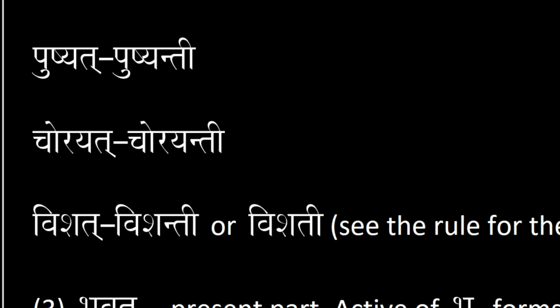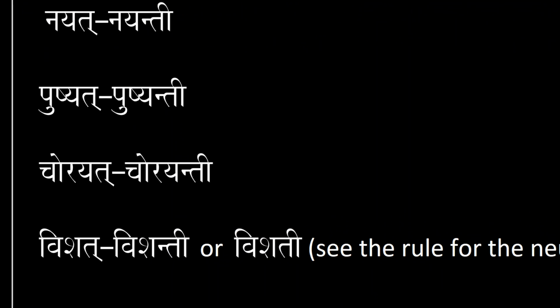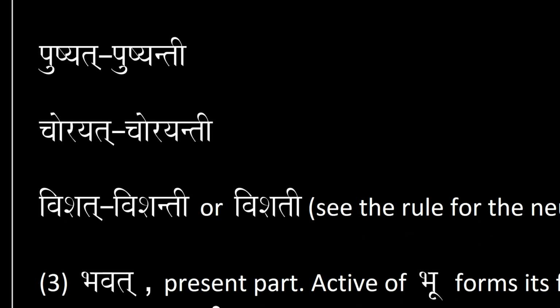And here are some other examples. You have pushyat. The strong stem for that, if you were to decline it like dhimat, would be pushyant. Then adding the long e, you would have pushyanti, and then you would decline that like nadi. Chorayat would be masculine, and for feminine, you would have chorayanti.